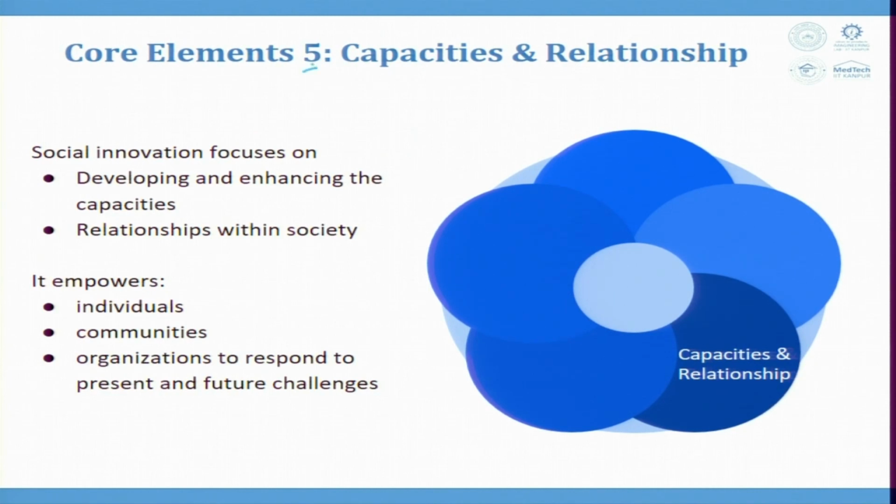The core element 5 is capacities and relationship. The social innovation focuses on developing and enhancing the capacity, and then it also tries to have a relationship within the society. Capacity and relationship, it is nothing but it empowers individual, community and organization.